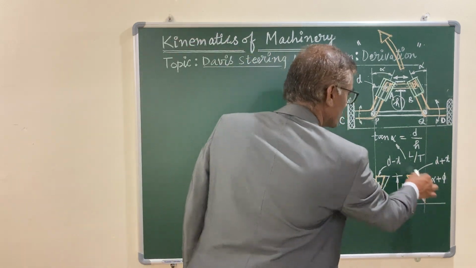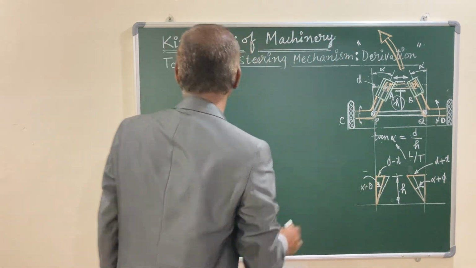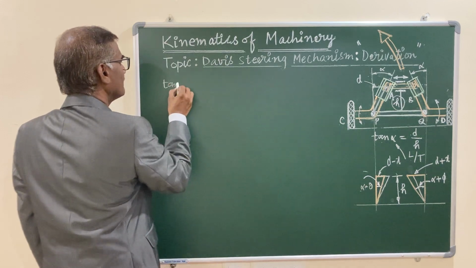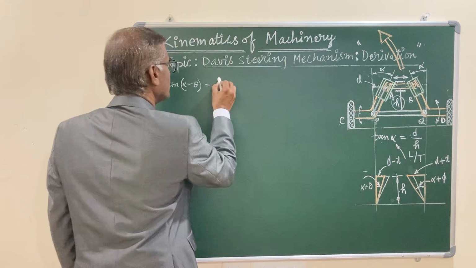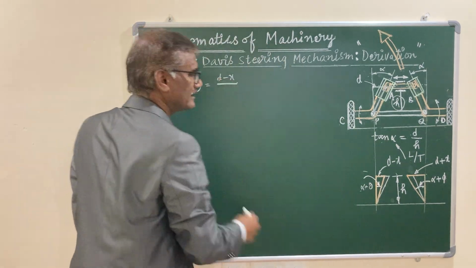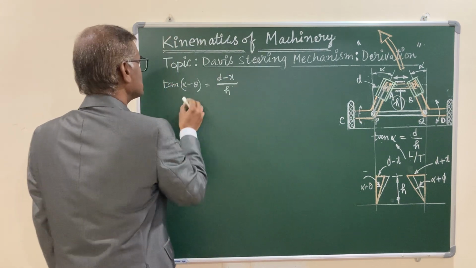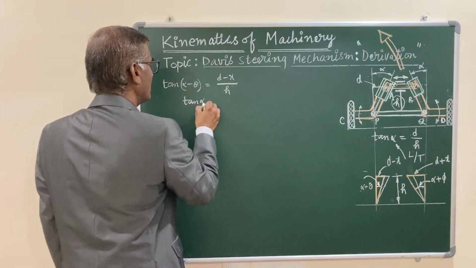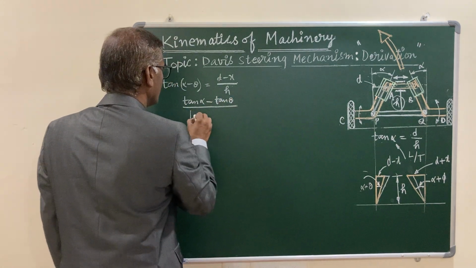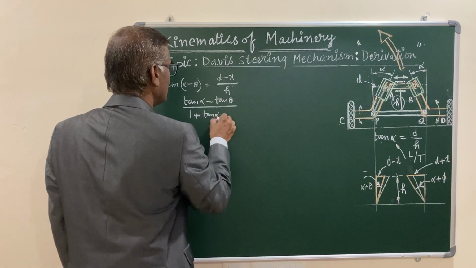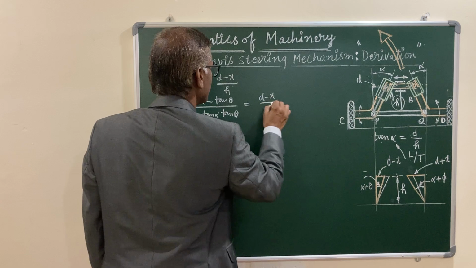Let us consider these two right angle triangles, and first write the expression for tan of alpha minus theta. It is tan(alpha minus theta) equals the opposite side, d minus x, divided by the adjacent side, h. Expand this: (tan alpha minus tan theta) divided by (1 plus tan alpha tan theta) is equal to (d minus x) by h.